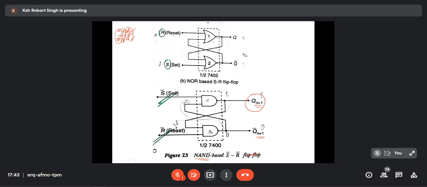For the sake of simplicity, I will take one condition. Let me take one example, the S R flip-flop: 0 0, 0 1, 1 0, 1 1.